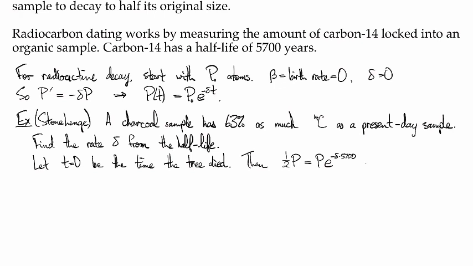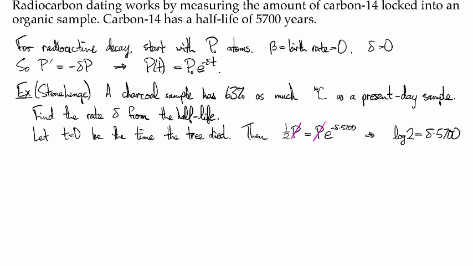So first I can cancel those p's, and then I can take logs of both sides, and so the log of 2 is going to equal delta times 5,700, and so then that means that delta is going to be log 2 over 5,700, which is approximately 0.001216.